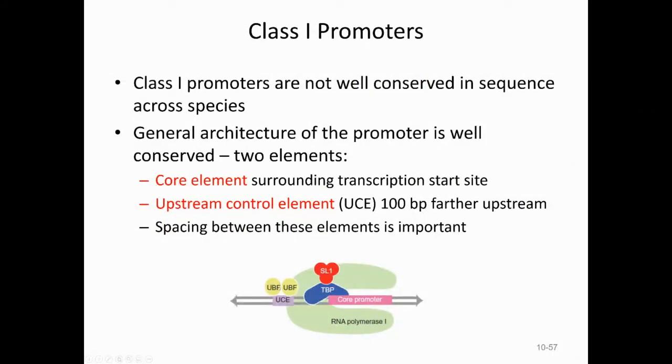It's 100 base pairs upstream. And then we have the core element surrounding the transcription start site. These are the two elements that are typical in the RNA polymerase 1 promoter.